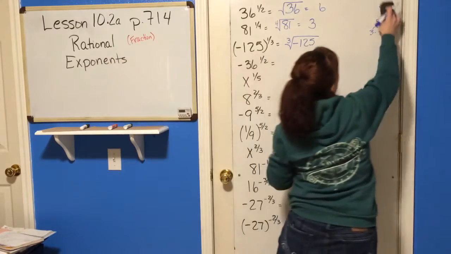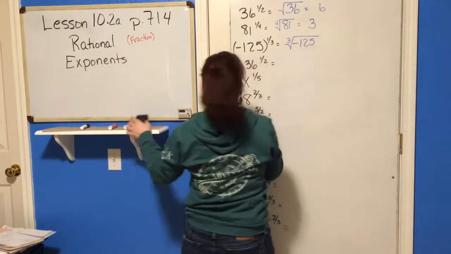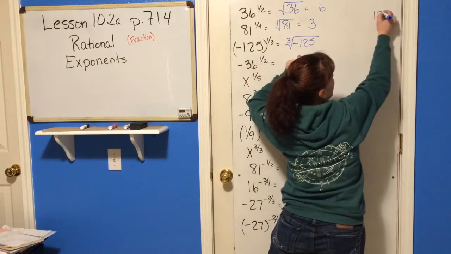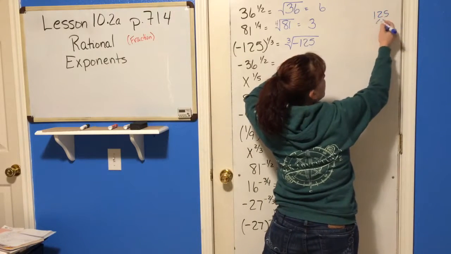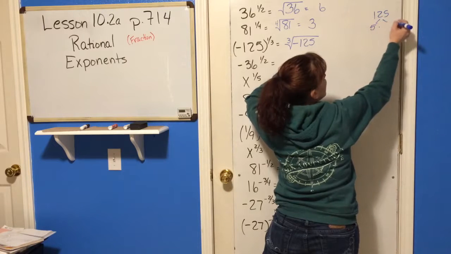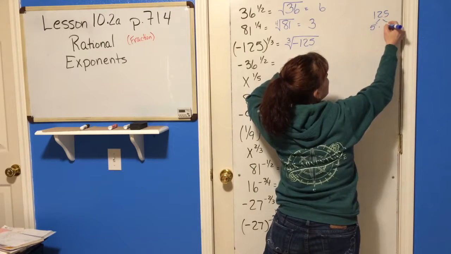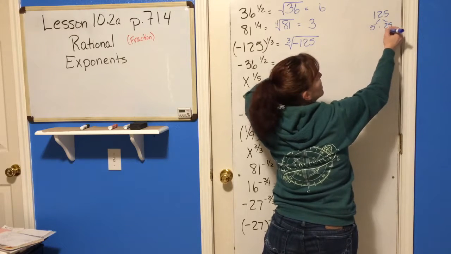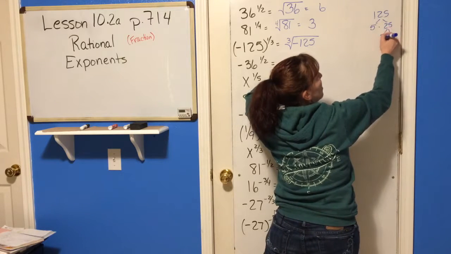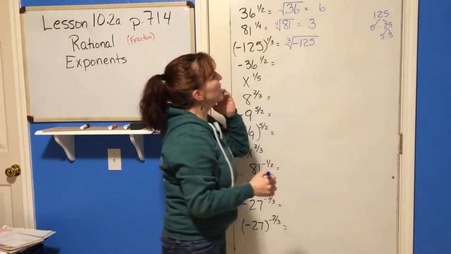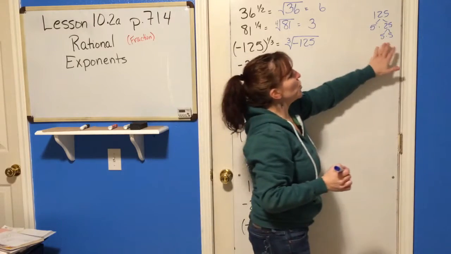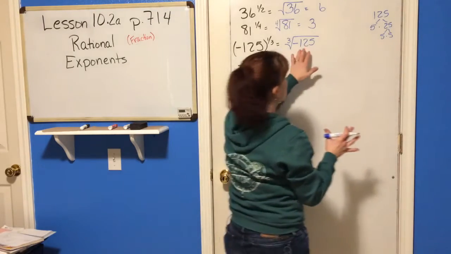So now, 125, let's see. What do you multiply together to get 125? We know that 5 times 5 is 25, and 5 times 25 is 125. So now we have 1, 2, 3 fives to make 125.